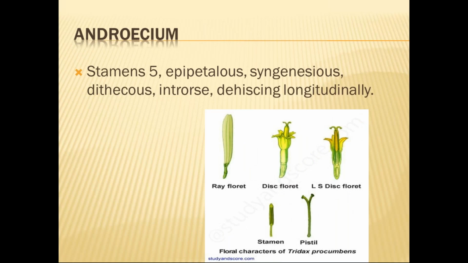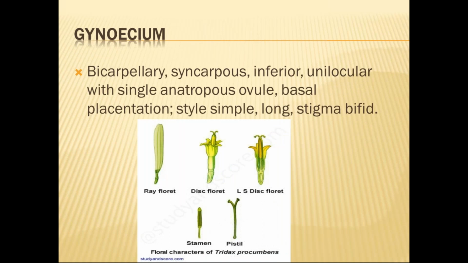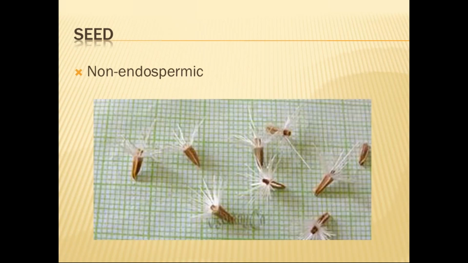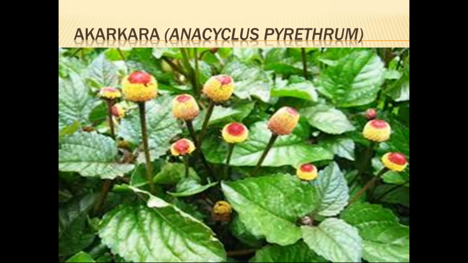Androecium is 5, introrse and dehiscence longitudinally. Gynoecium is bicarpellary, inferior, unilocular with single anatropous ovule with basal placentation. Style is simple, long, stigma is bifid. Fruit type is Cypsela, and seed is non-endospermic.